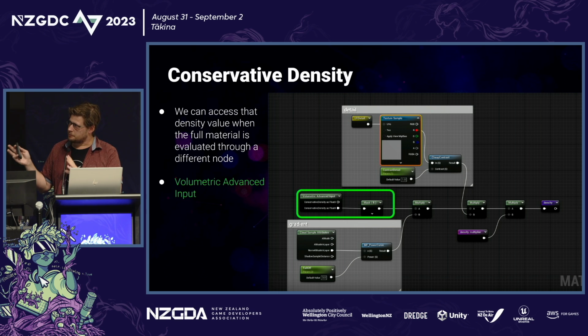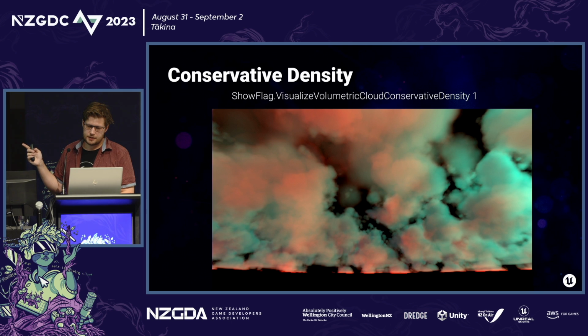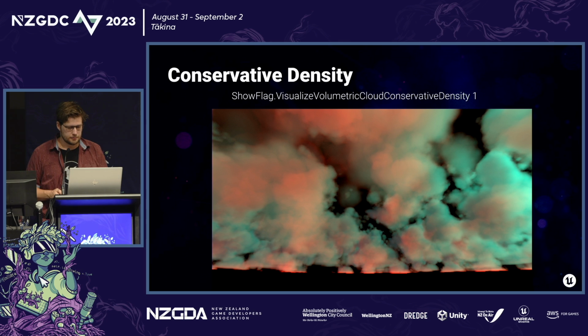I know it's a bit of a hard concept to get your head around, but this is very powerful because it lets you plug in things like signed distance fields into that conservative density value and do cool things with it. If you want to visualize where your cloud is rendering, you can turn on this CVAR flag, and you can see where it is rendering and where it isn't, where the green is the full material evaluation and the red is where it's skipping.